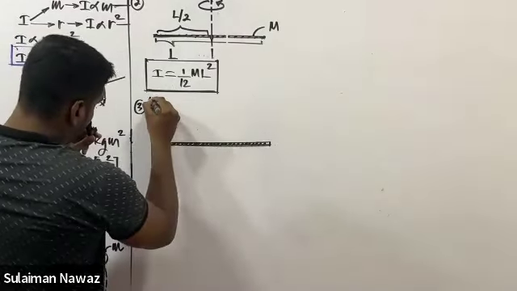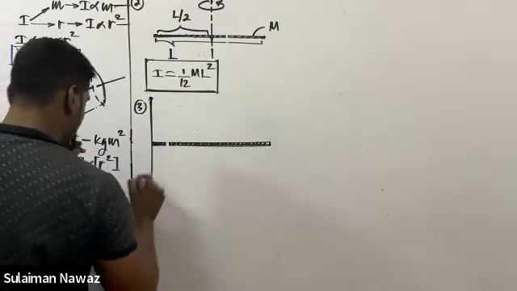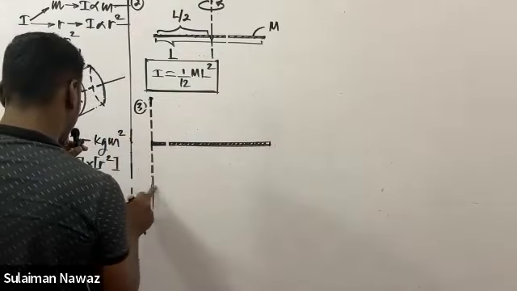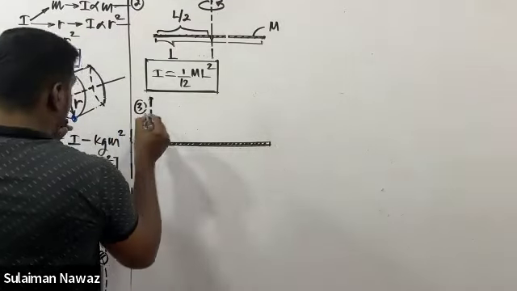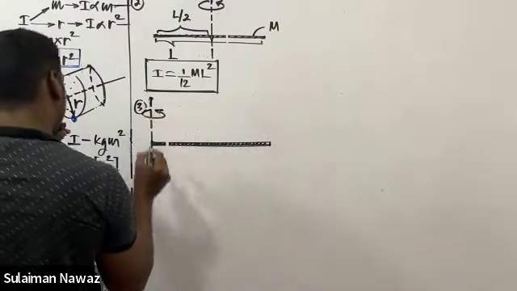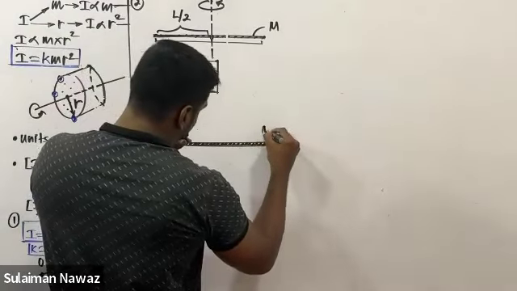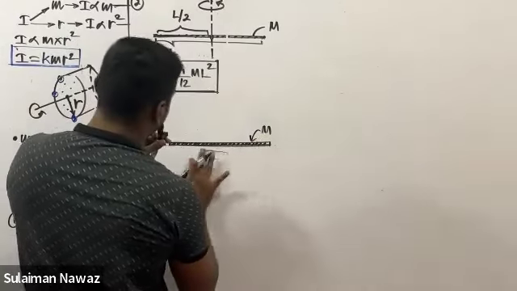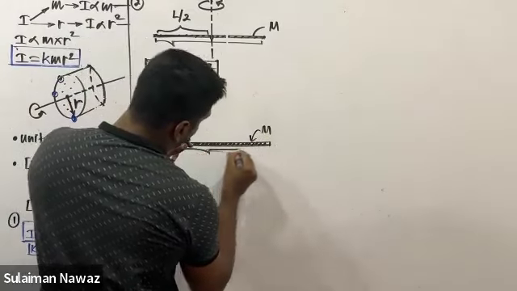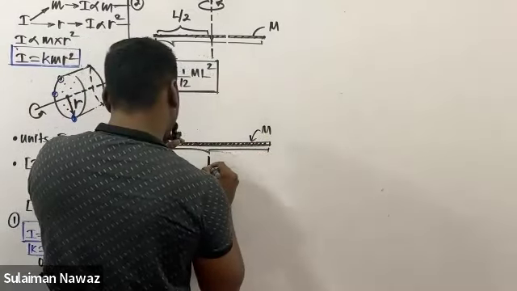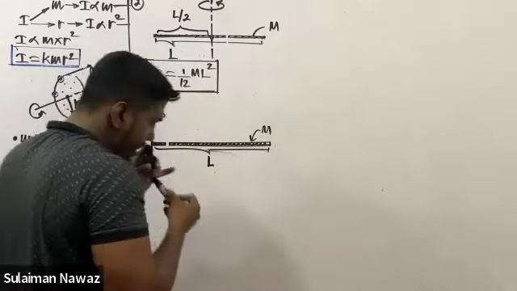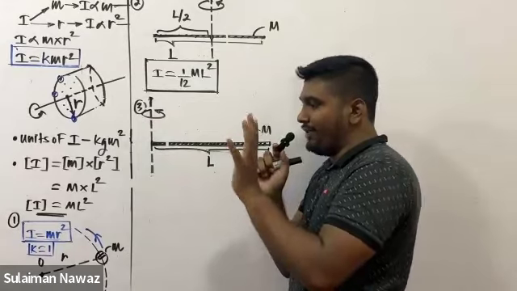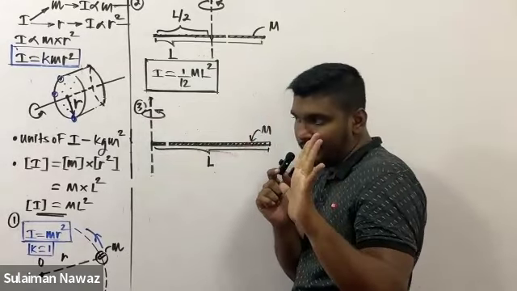I'll ask the question. Now look here. If I ask you a question, you can take whatever way you like. Mass capital M, length capital L. My question is, now they have given two identical rods, same mass, same length.